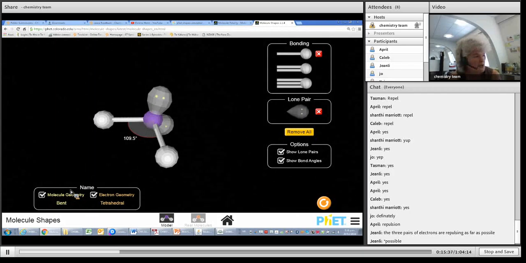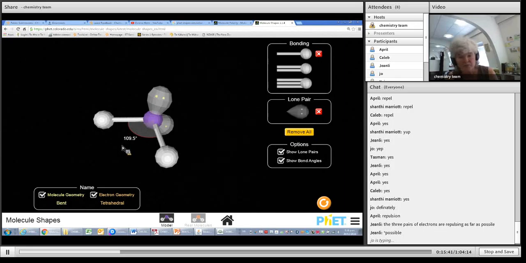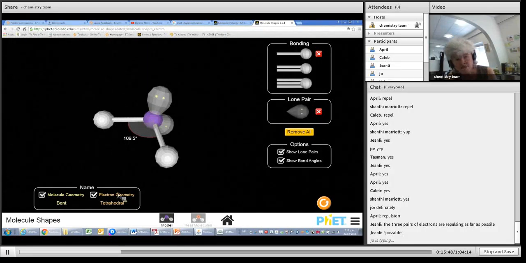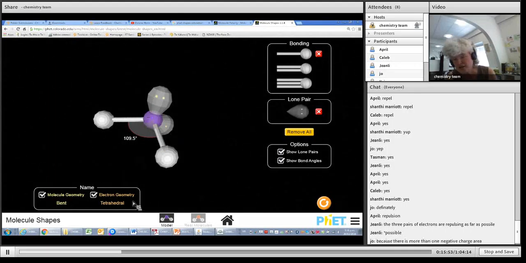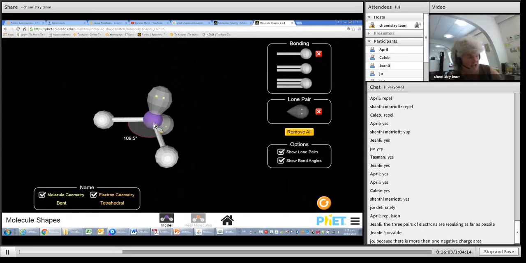And then you have to explain: remember what I said, look at the number of areas of negative charge, work out the electron geometry, and say, well, because of this one, it's 4 areas of negative charge. The electron geometry will be tetrahedral with 109 bond angle between them, because those electrons are repelling each other in all directions. Remember that repulsion is in 3D.